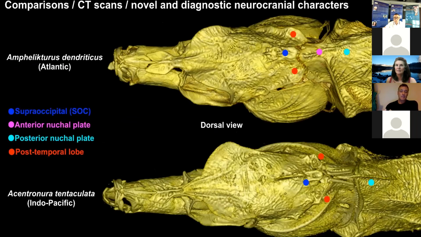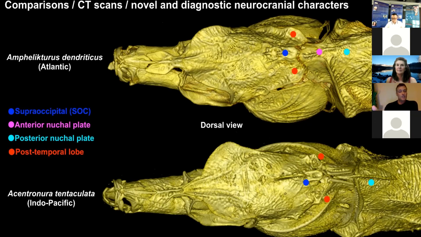So what I found is that the neurocranial bones are highly diagnostic. For example, in the typical pipefish configuration, you're going to see that the supraoccipital, or SOC, the anterior nuchal plate, posterior nuchal plate, and post-temporal lobes represent a typical suite of neurocranial bones found in all pipefish.